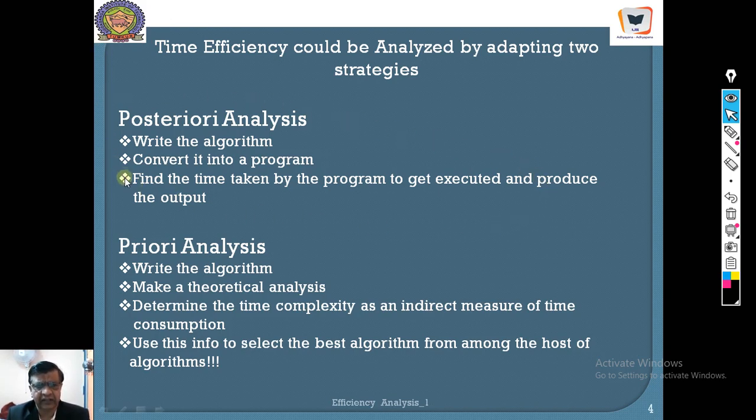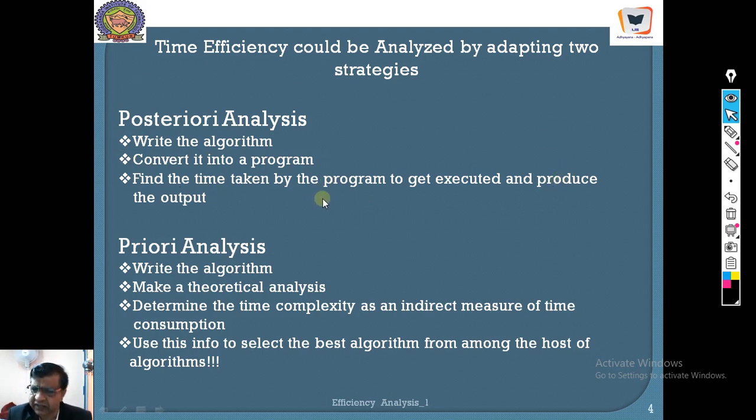So posterior analysis leads to some extraneous factors that are to be considered, and we will never measure the intelligent problem solving that has happened in the particular algorithm.